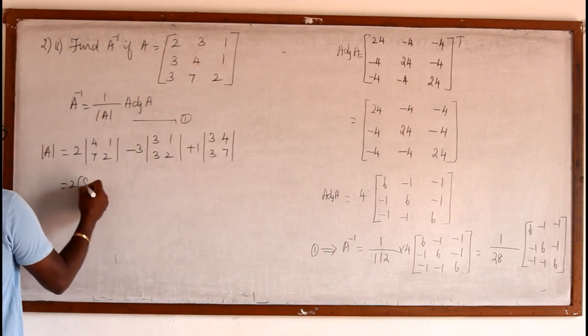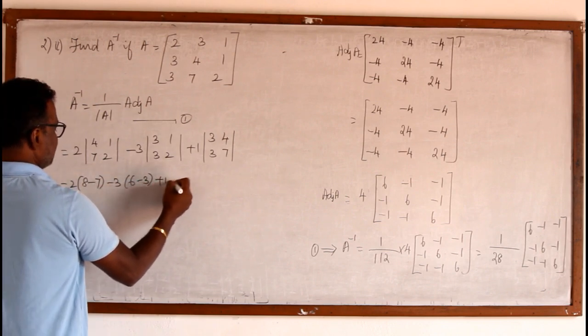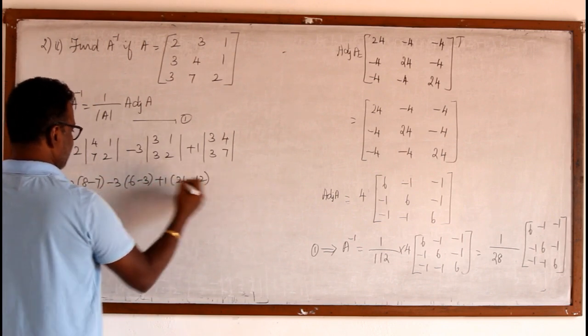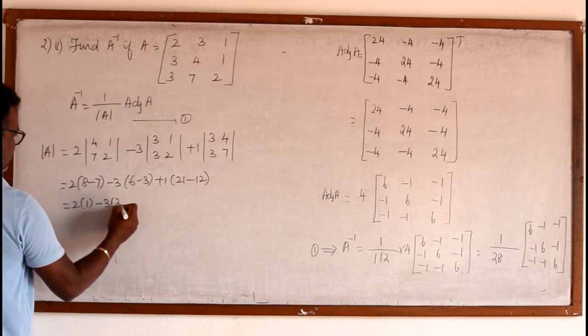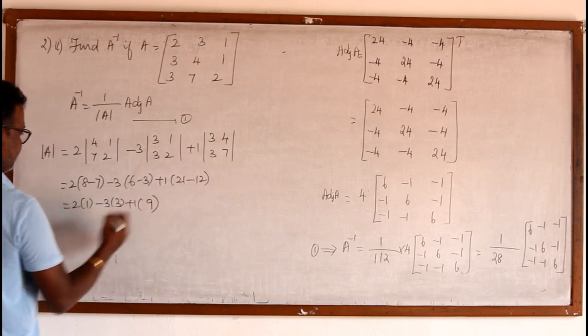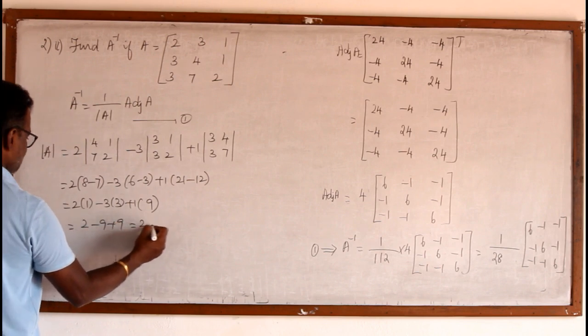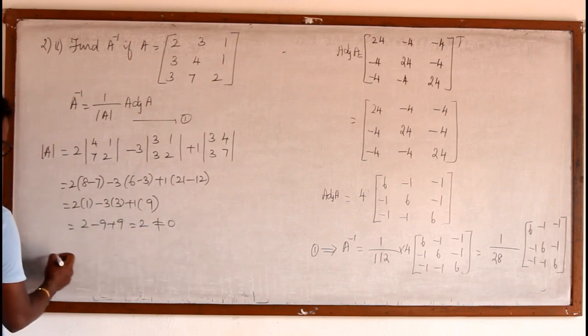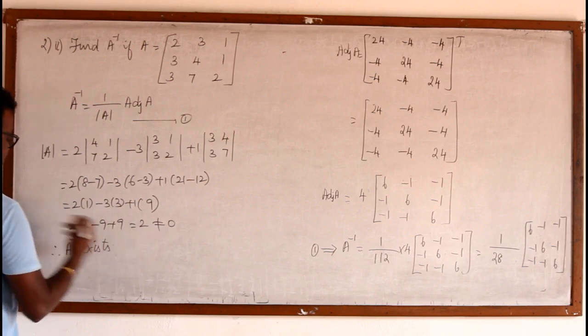It is 2 into 8 minus 7, minus 3 into 6 minus 3, plus 1 into 21 minus 12. 2 into 1 minus 3 into 3 plus 1 into 9. So 2 minus 9 plus 9, it is 2, not equal to 0. Therefore, A inverse exists.